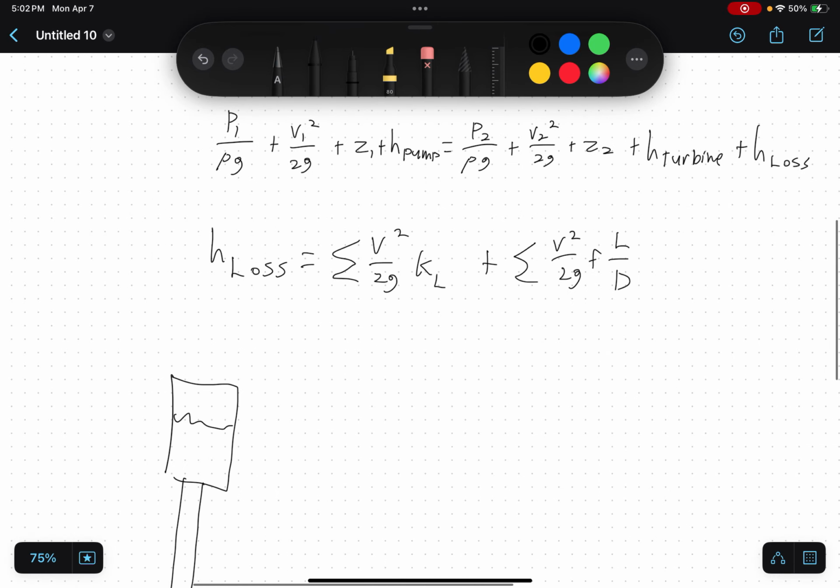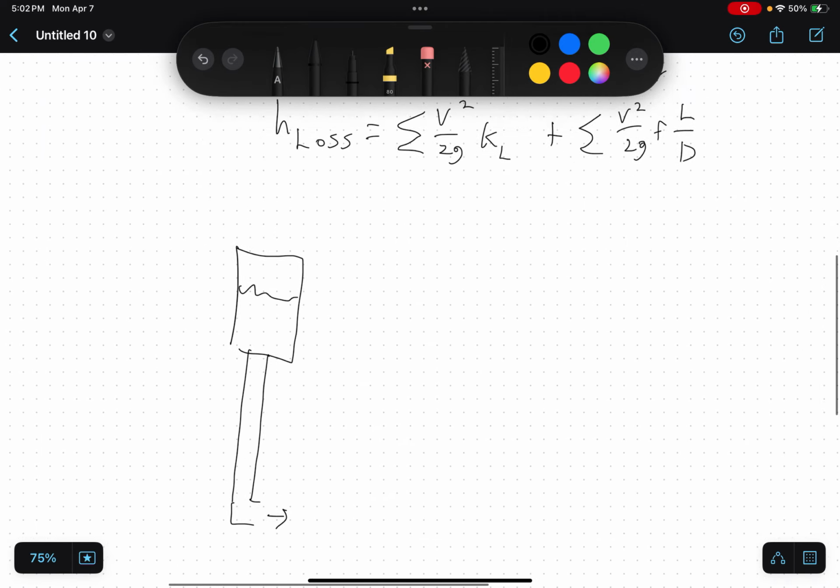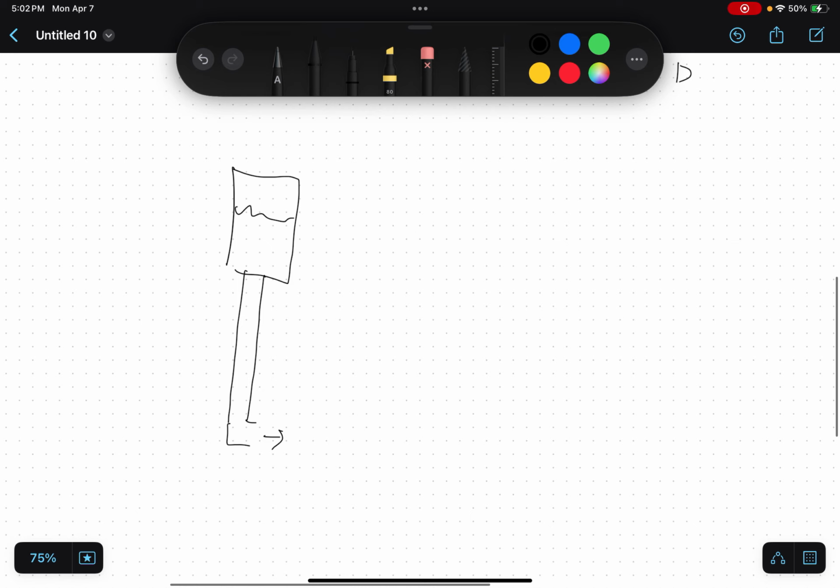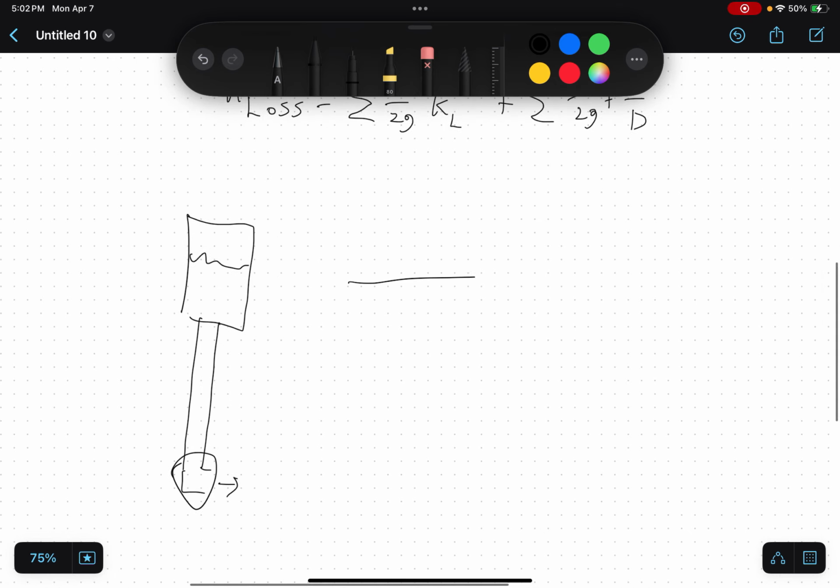This first half is called minor losses, and the second half is called major losses. So what are minor losses? Those are things like a bend in a pipe, or if you're going through a flow orifice, there would be a loss term associated with that as well.